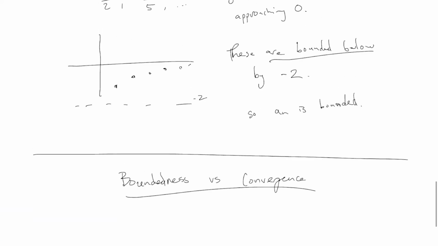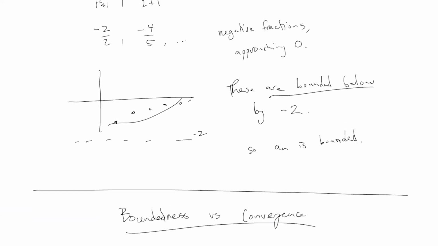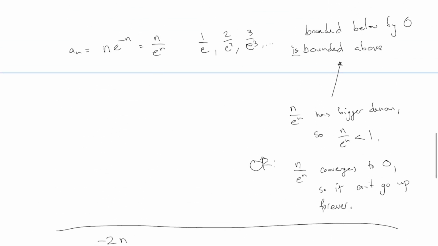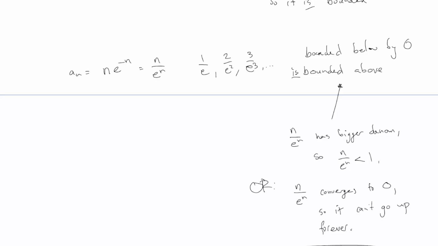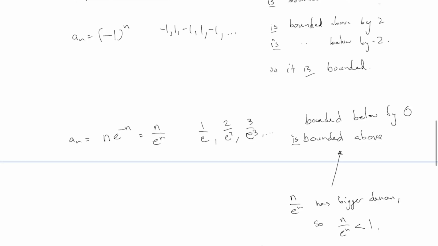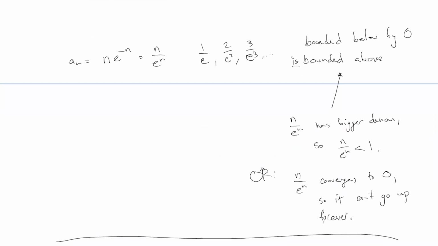Like this is an example where it's bounded, and also you can see this one converges and it is bounded. This one also converges, and we said it is bounded, right? It was bounded above, I said here, and also bounded below by 0, right? So this one, it converges and it is bounded.